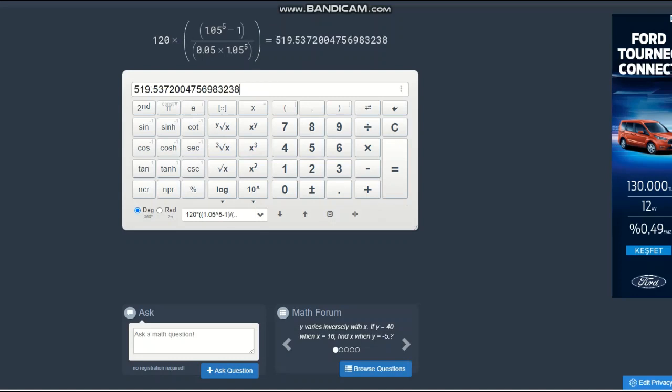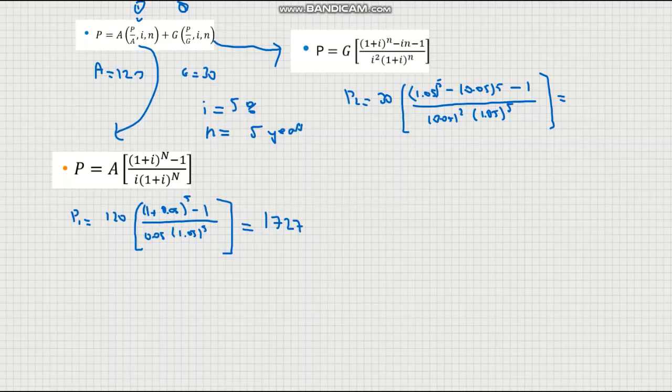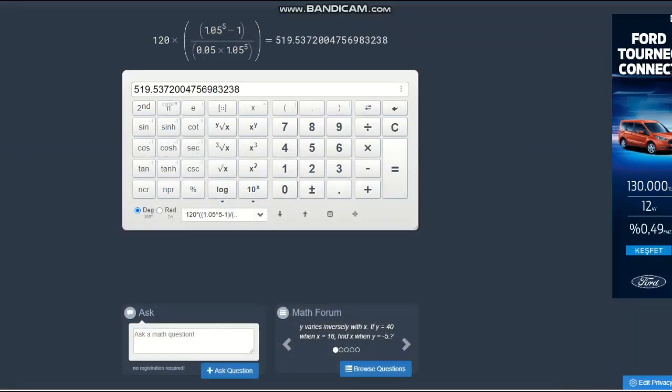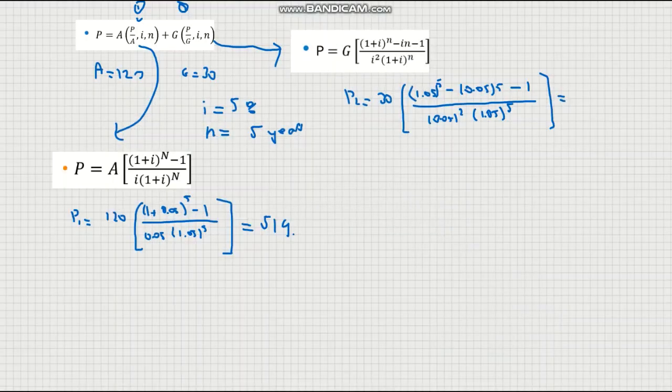So it's better in this form. Okay, 519.54 for this term. Okay, $519.54. P1 term we already found.